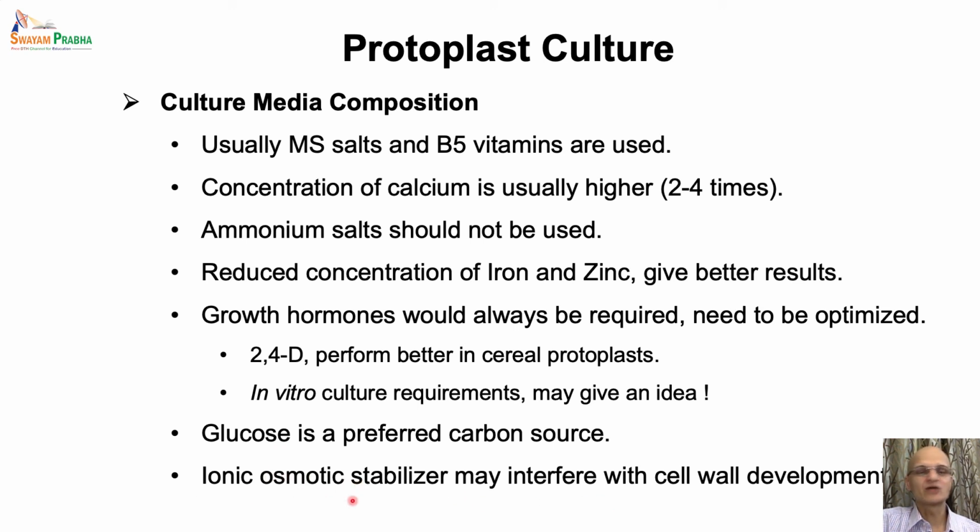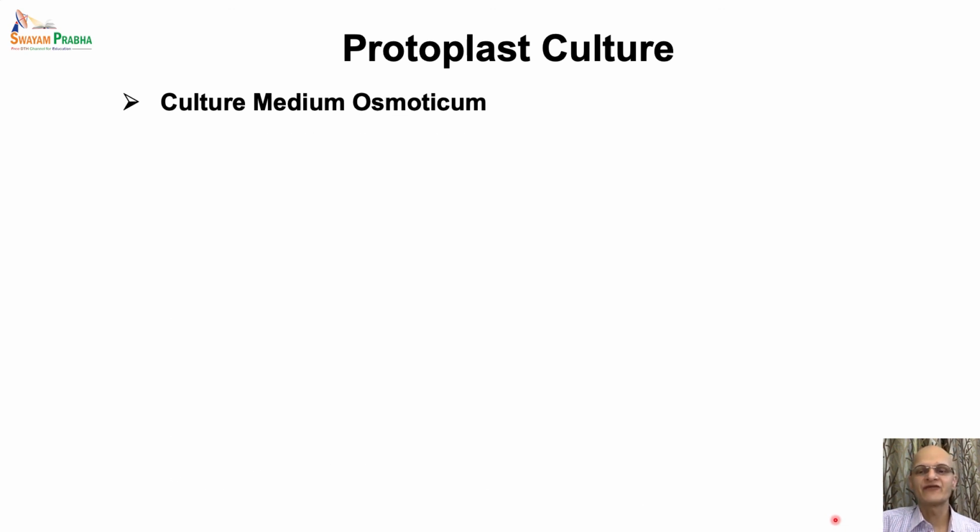Presence of the osmotic stabilizer is essential for the maintenance of the protoplast. However, ionic osmotic stabilizers may interfere with the cell wall development. Overall, the nutrient composition has a huge impact on the growth and culturing of the protoplast and should be optimized carefully.